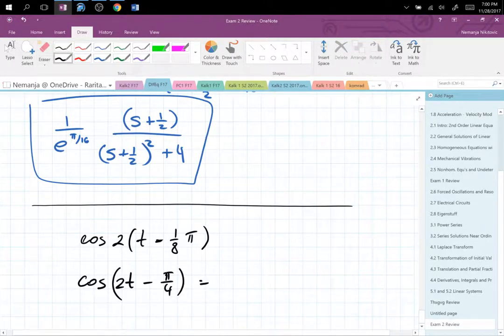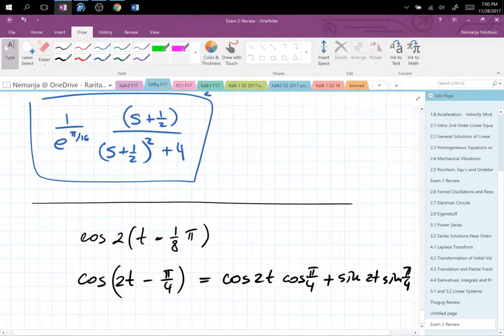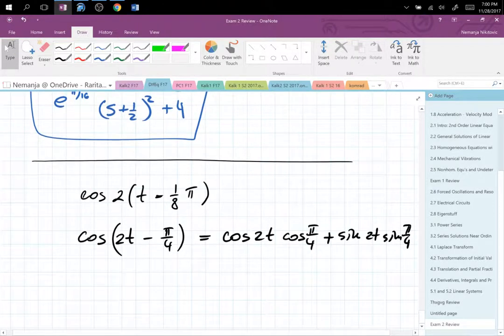And then you unleash the formula, which is cosine of 2t, cosine of pi over 4, plus sine of 2t, sine of pi over 4. So now both cosine and sine give root 2 over 2. It's not that terrible.